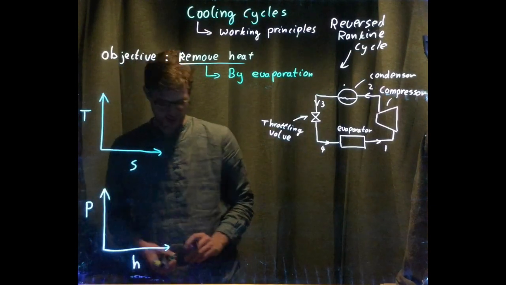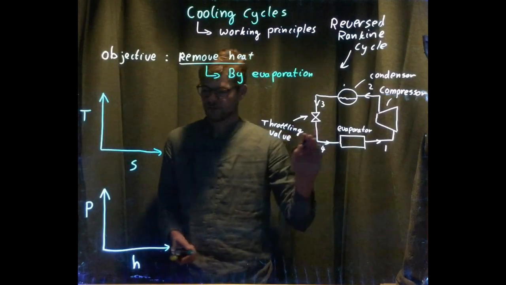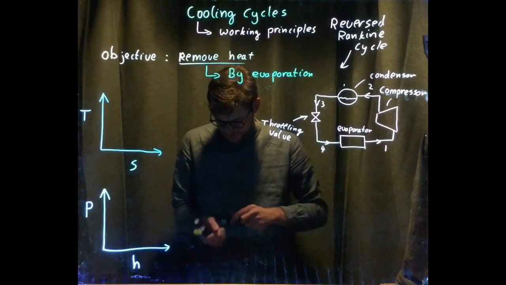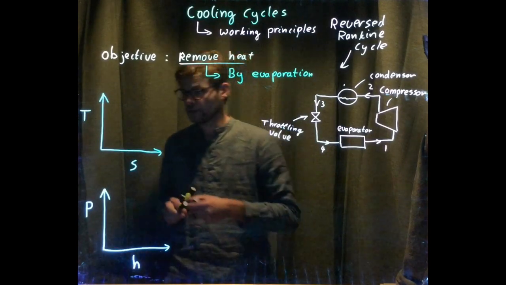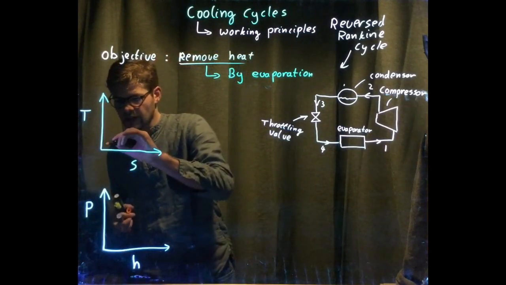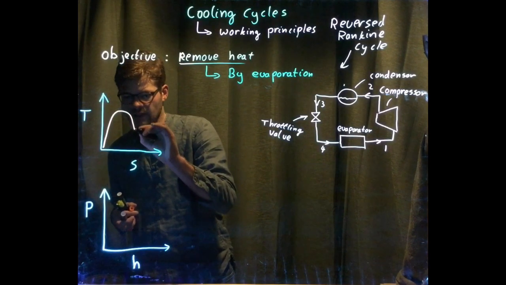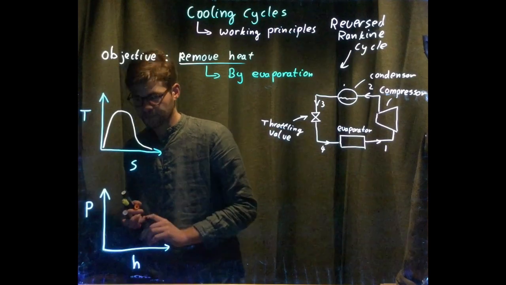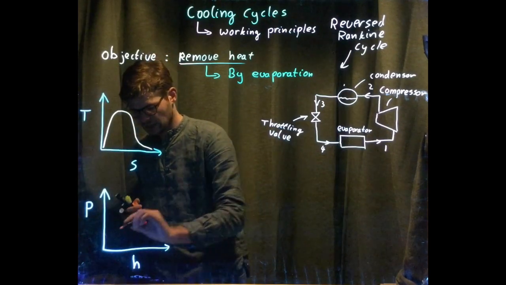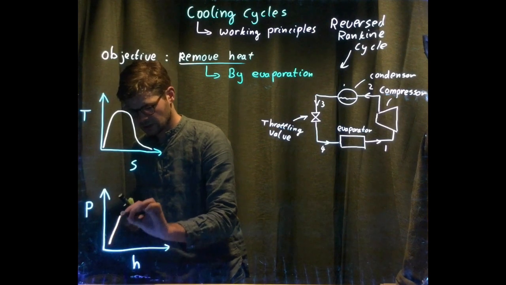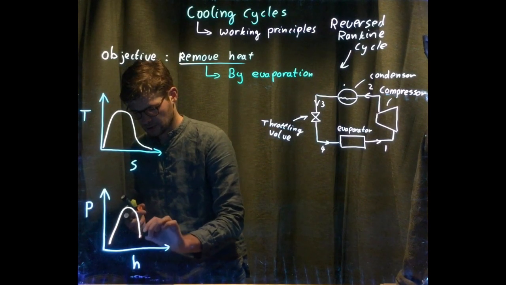And before I start, I need to draw my vapor dome. So let's draw it over here, starting over here, going over there. And over here I'm going to draw my vapor dome as well, and it looks a bit different, since it's a different diagram, something like this.